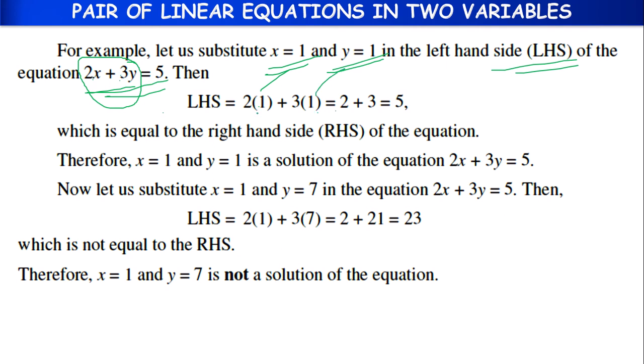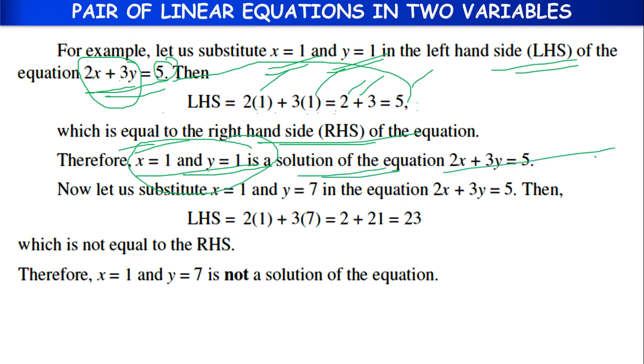So LHS equals 2 into 1 plus 3 into 1, which is 2 plus 3, equal to 5, which is equal to RHS, the right hand side of the equation. So x equal to 1, y equal to 1 is a solution of the equation, because it satisfies both sides of the equation.